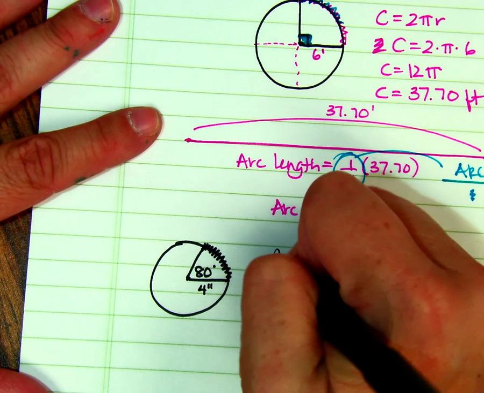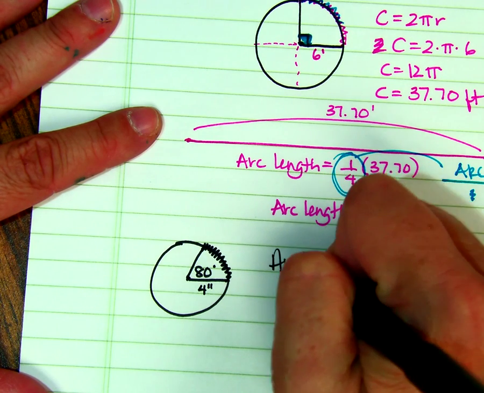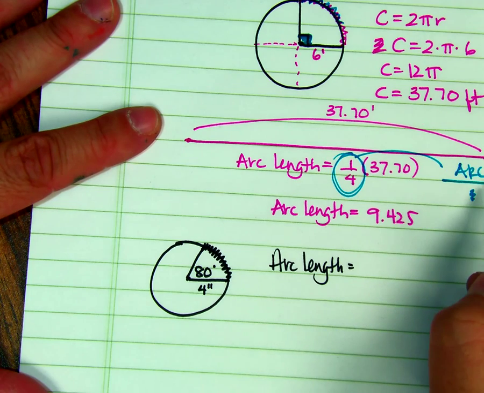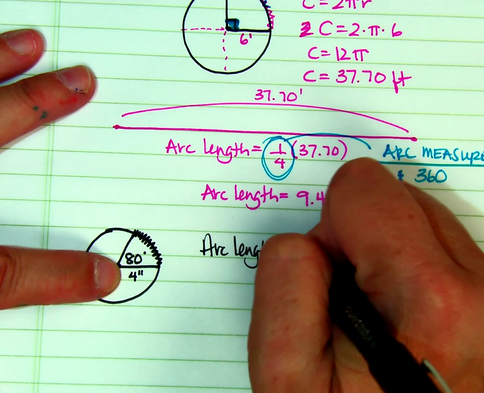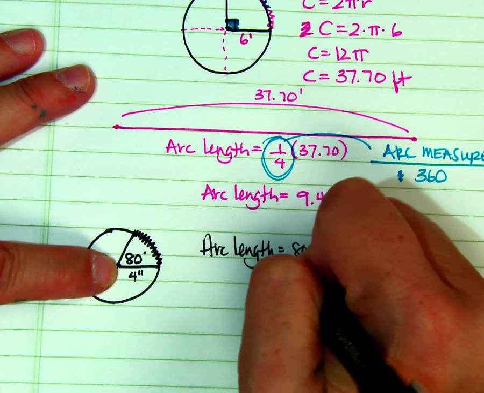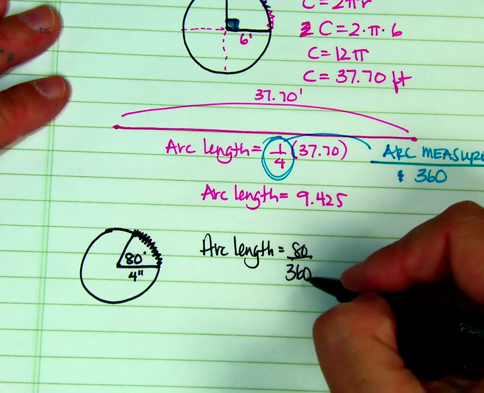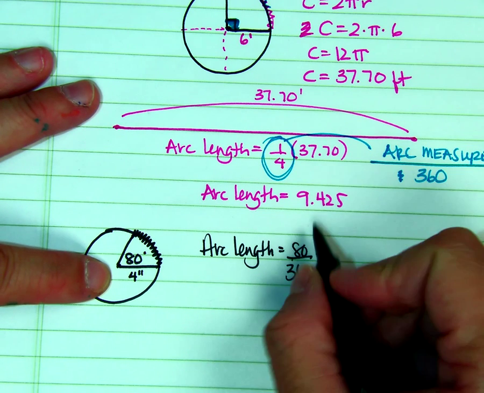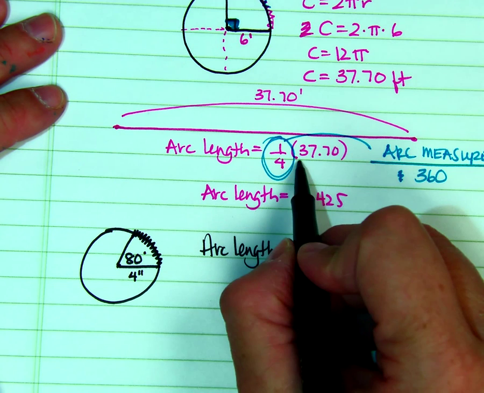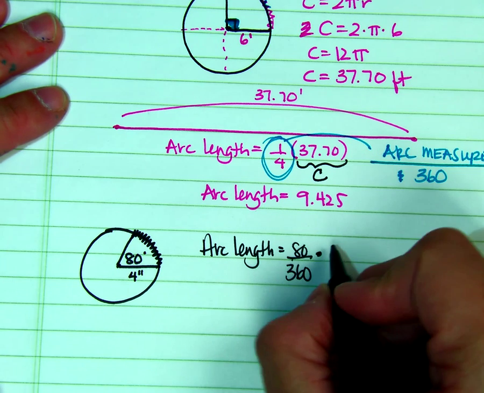So my arc length equals my arc measure, which is 80, over my 360, because that's the fraction or the piece of the 360 that I want, times my total circumference, because that's what this is. This is circumference.